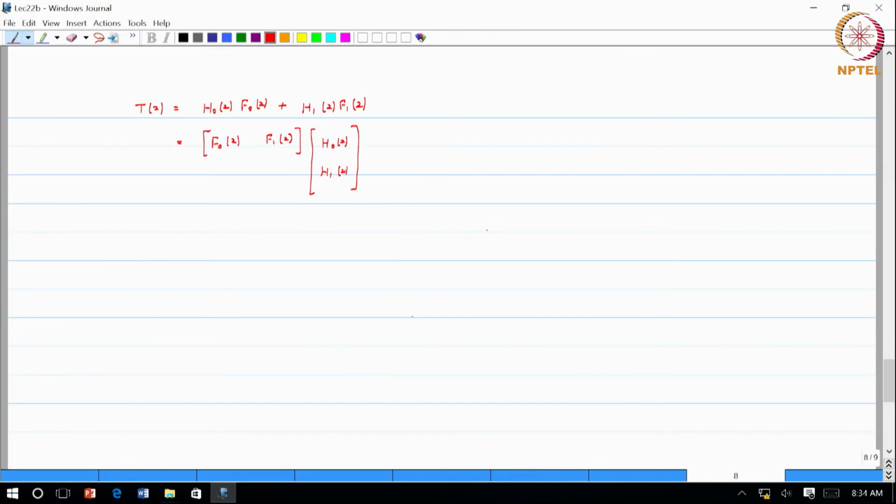And if you now write down the expressions, what you will get is 1/2, Z inverse E1 of Z squared, E0 of Z squared, a 2 by 2 matrix 1 1, 1 minus 1, followed by another 2 by 2 matrix 1 1, 1 minus 1, and this one would be E0 of Z squared, Z inverse E1 of Z squared.